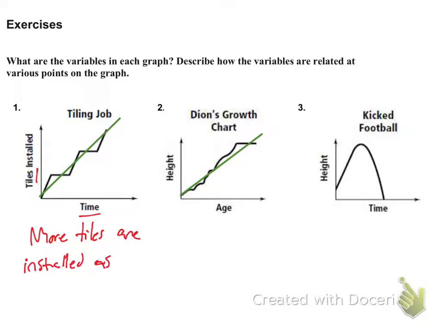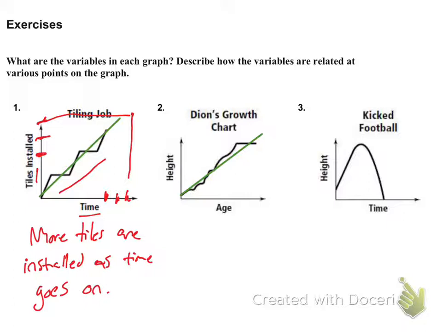Sorry, bad handwriting. Or as time goes on. There's several different ways you can word this. But as you can see, the more time goes, the more tile goes. So these are different points on the graph, and if you go to any of these, it'll be more tiles over more time.